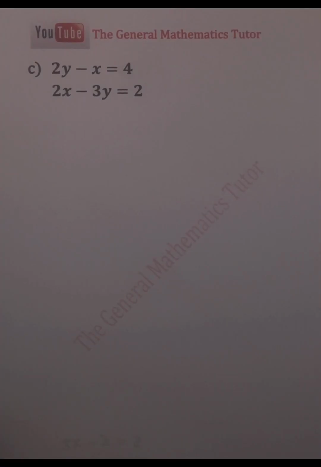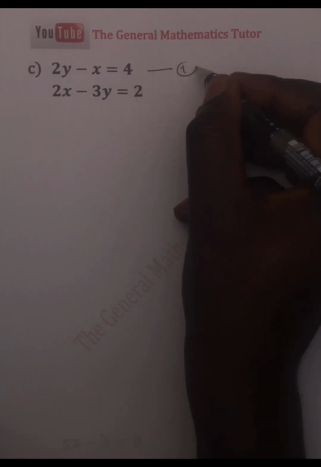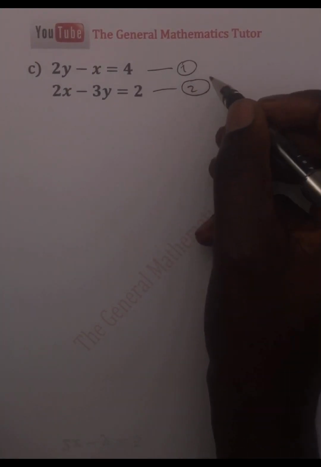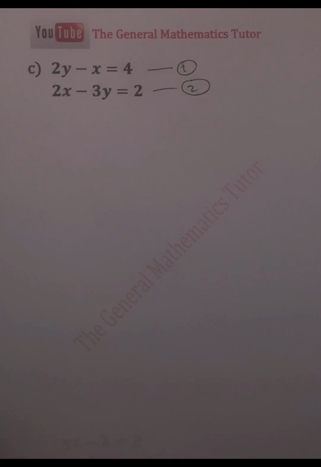Part C, 2y minus x is equal to 4 and 2x minus 3y is equal to 2. So we can just label them as equation 1 and equation 2. So we can express each of these particular variables in terms of the other.